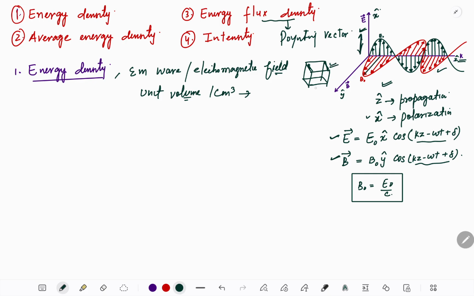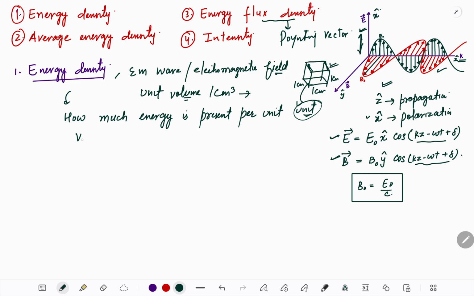So this is 1 centimeter, 1 centimeter, and 1 centimeter. This is the unit volume. When the electromagnetic wave passes through this unit volume, how much energy does it have per unit volume? How much energy is present per unit volume of the electromagnetic field?